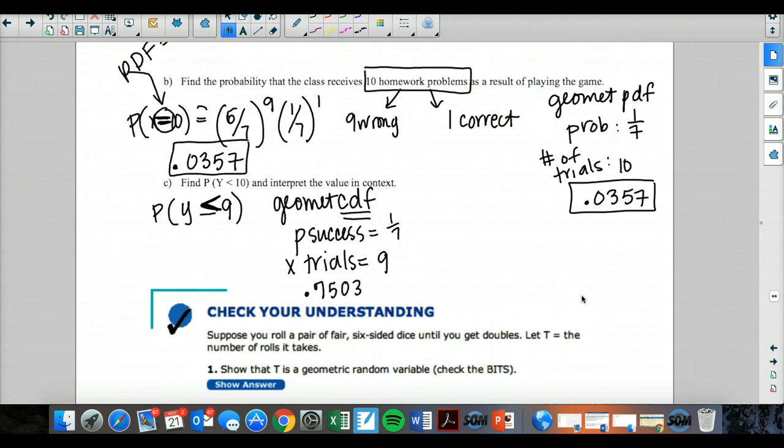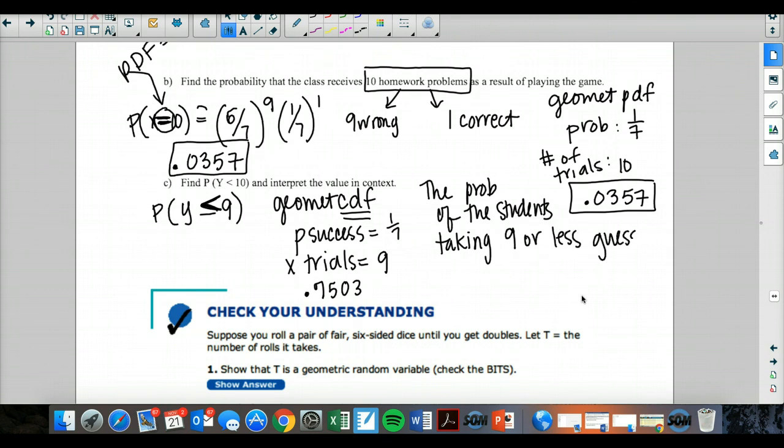0.7503. It says interpret what this value is in context. So the probability of the students taking 9 or fewer guesses to correctly guess the day is 0.7503.